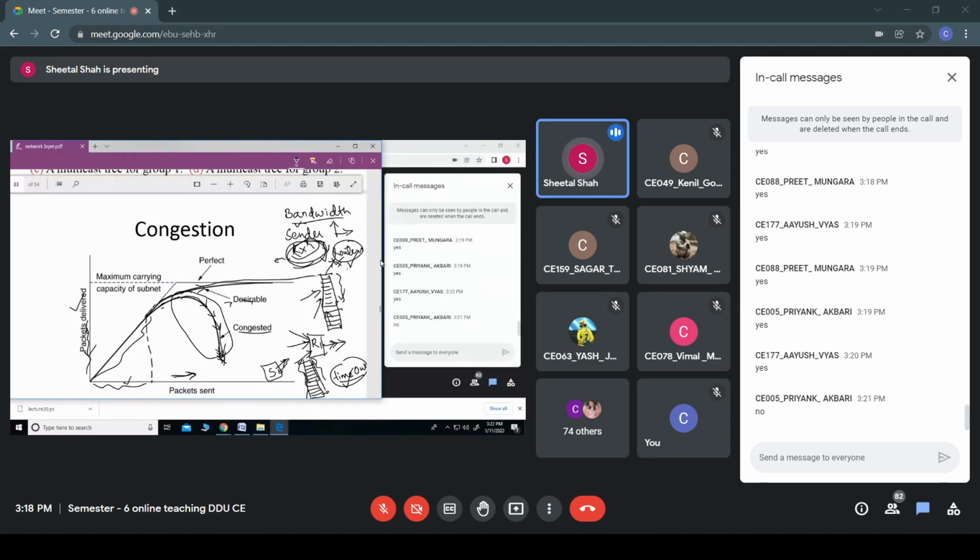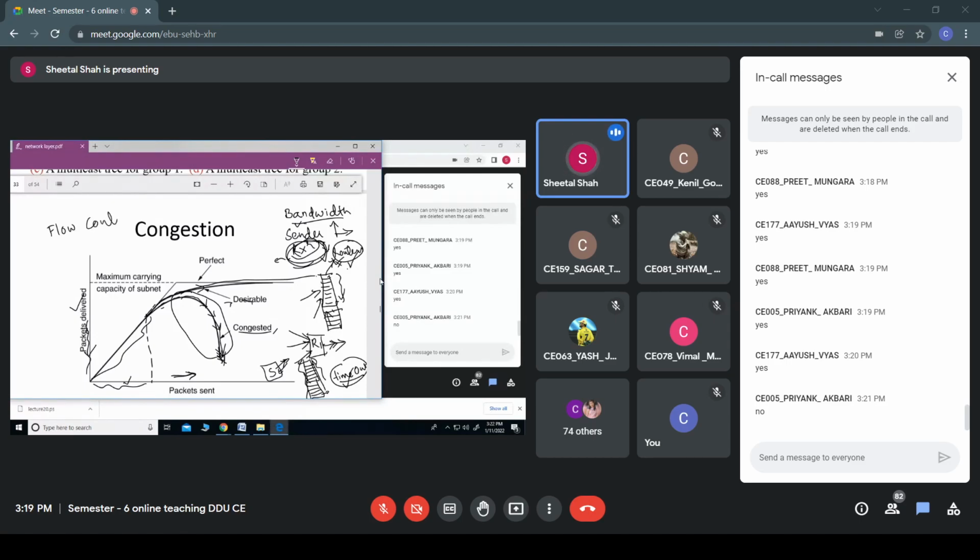No. So there should be a proper balance for all of that. The buffer space, the bandwidth of the network, then the speed of the CPU, etc. All of them should be balanced so that the congestion can be avoided. Follow?